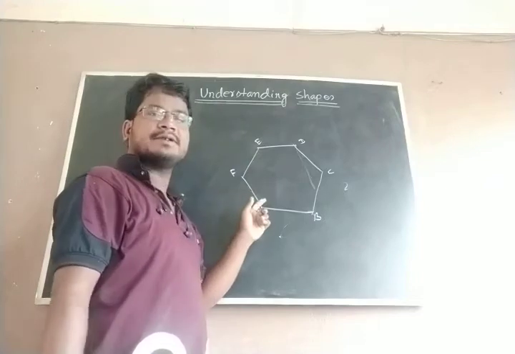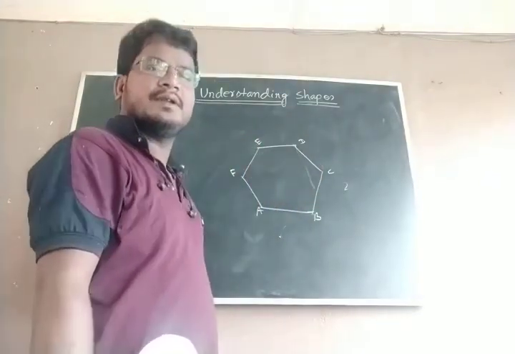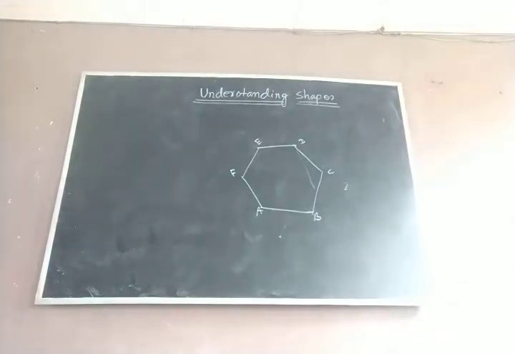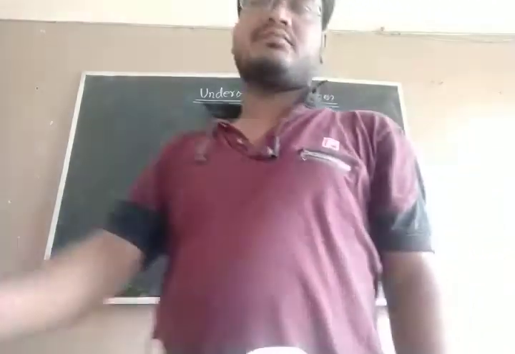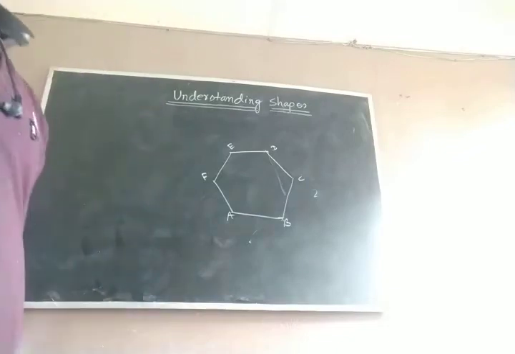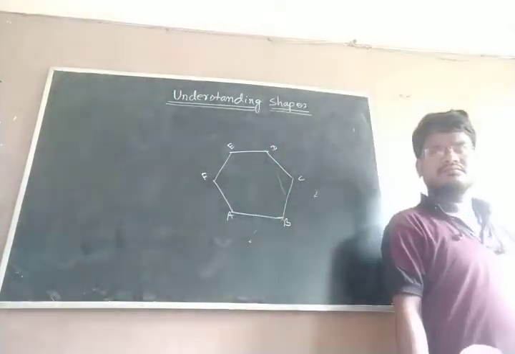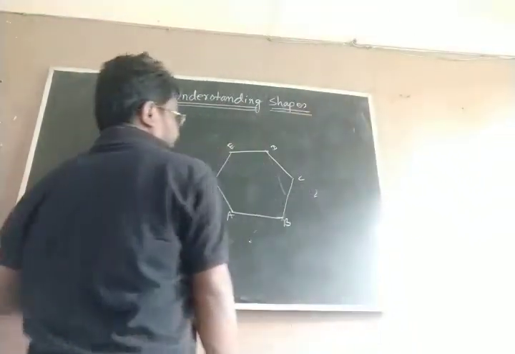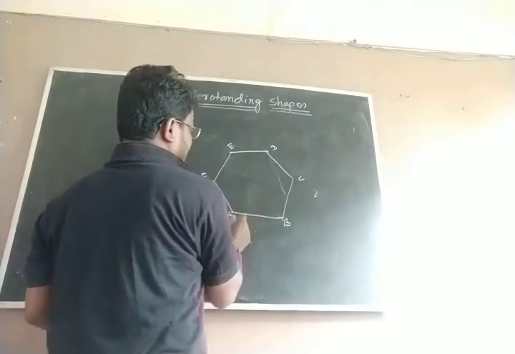And the vertices are A, B, C, D and E. Now, a diagonal joins non-adjacent vertices.